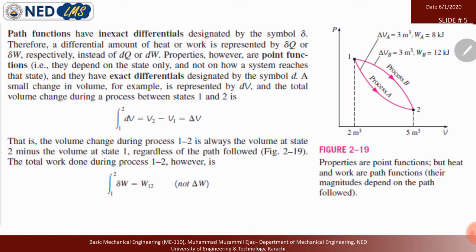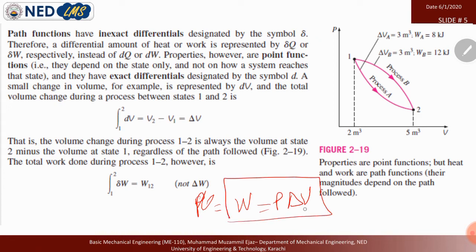We already discussed the path function, and how the path function affects the overall work done during the process, in the last class. We cannot use the simple equation of work equal to P ΔV. In first year or pre-engineering, you studied that equation.